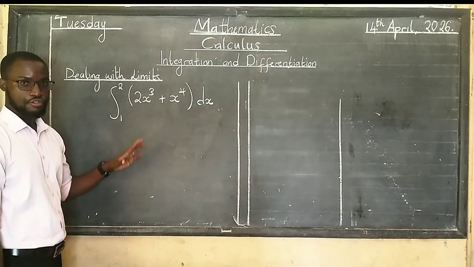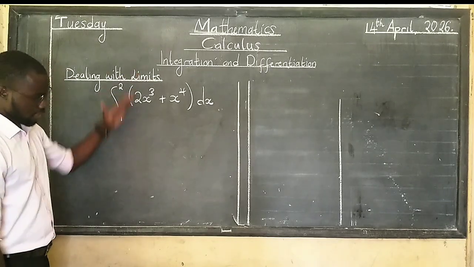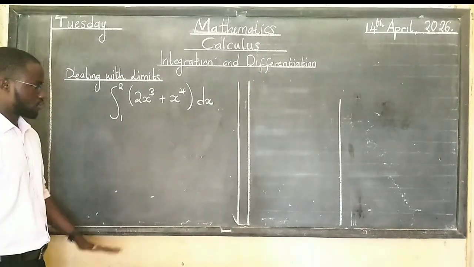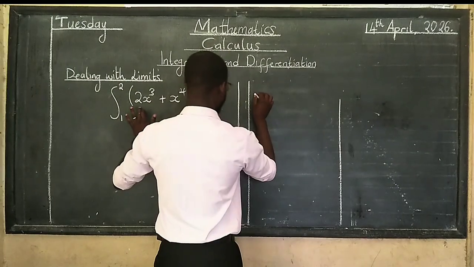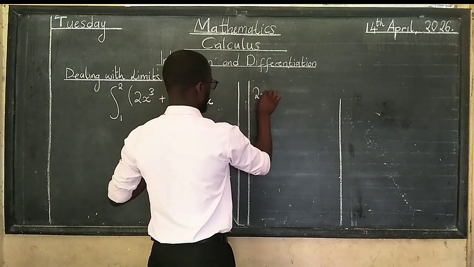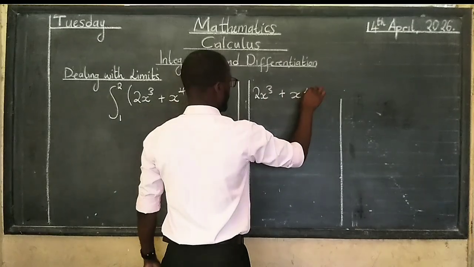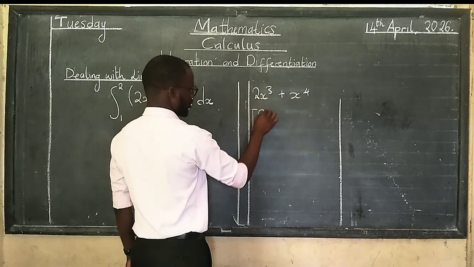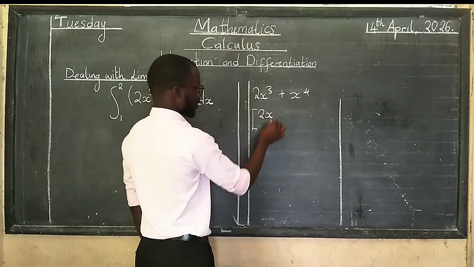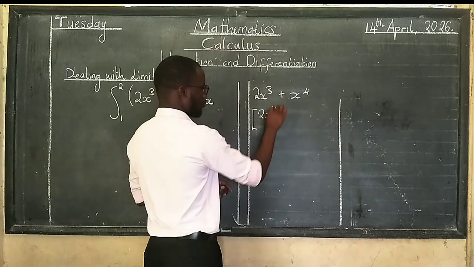First things first, forget about these numbers. Just integrate it all. So let's integrate this over here. Integrating 2x to the power 3 plus x to the power 4, we are going to have this 2 as it is, x as it is, then the power of 3. If we add 1, it will become 4.